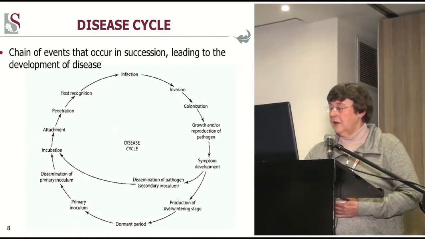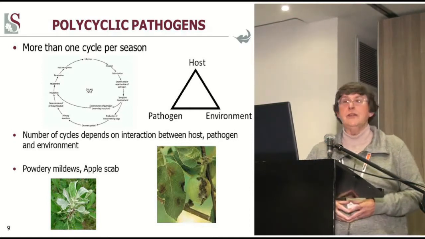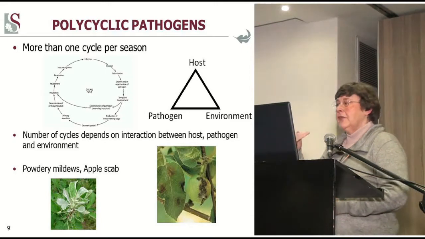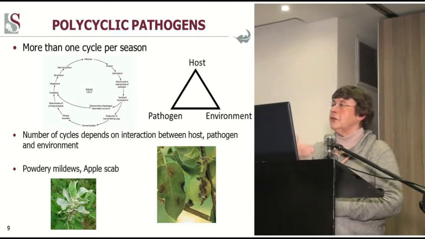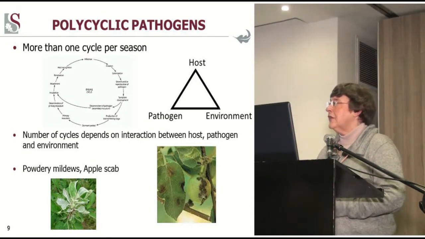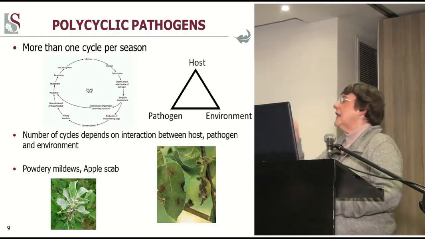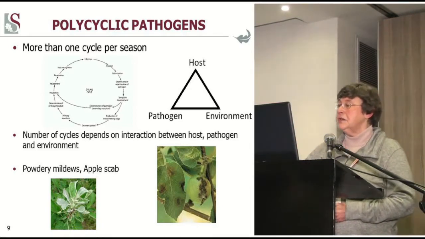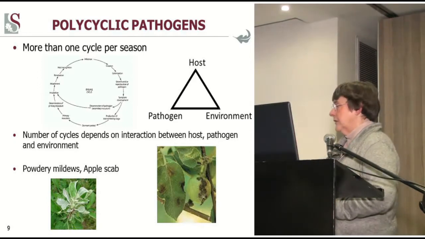Now, polycyclic pathogens are your pathogens that really have the explosive diseases. Those are your pathogens in which, as I said, there are many cycles of the pathogen in one season. The number of cycles that will occur in that season will very much depend on the interaction between the host, the pathogen, and the environment.